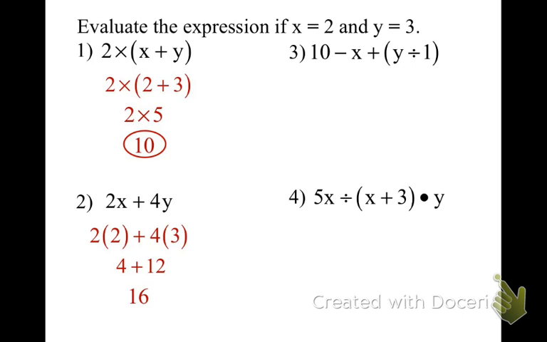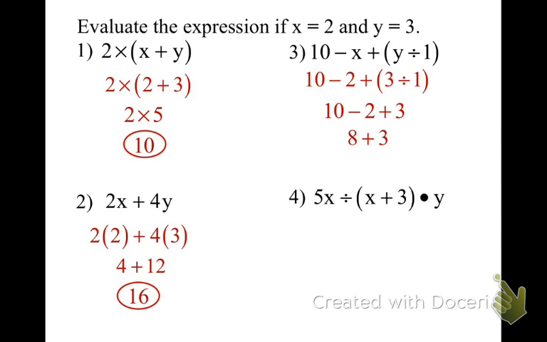Next, I'm going to write the problem, evaluate, substitute: 10 minus 2 plus the quantity of 3 divided by 1. Grouping symbols first. 3 divided by 1 is 3. 10 minus 2 is 8, plus 3 is 11.